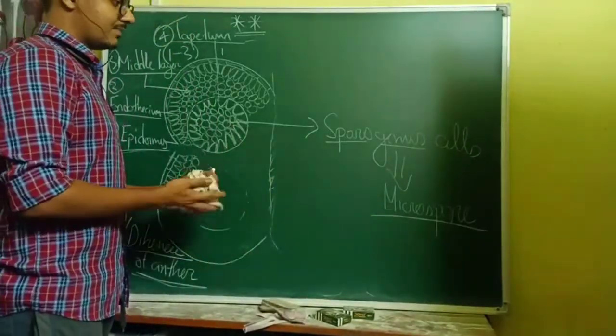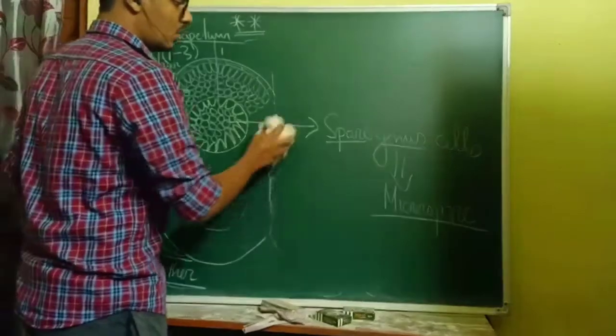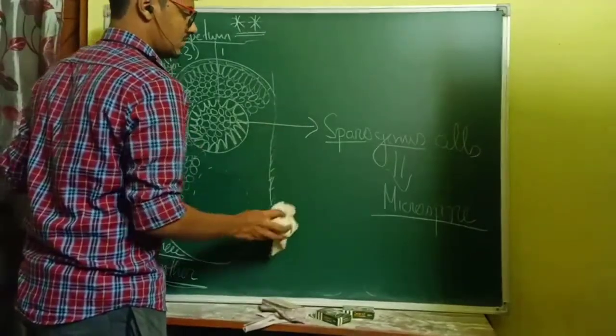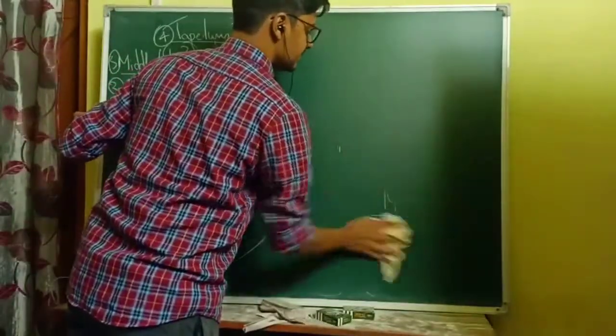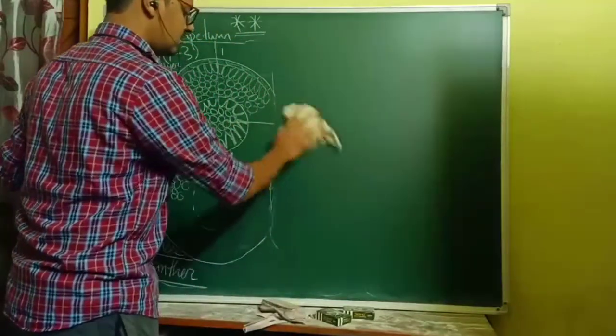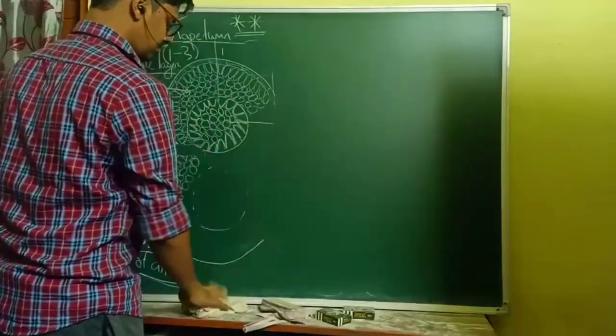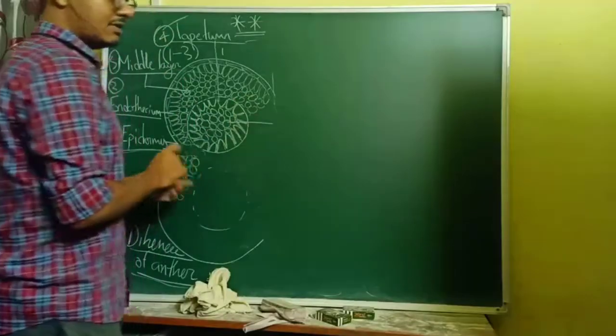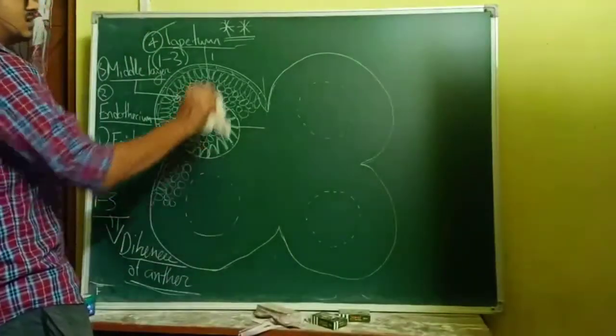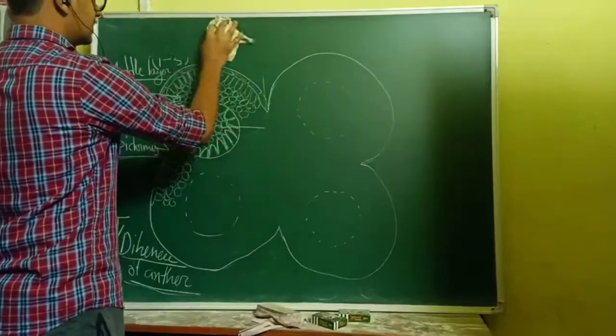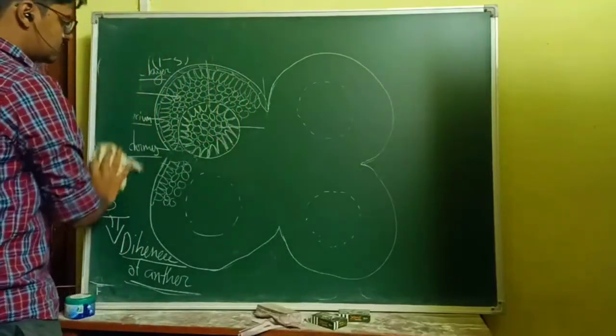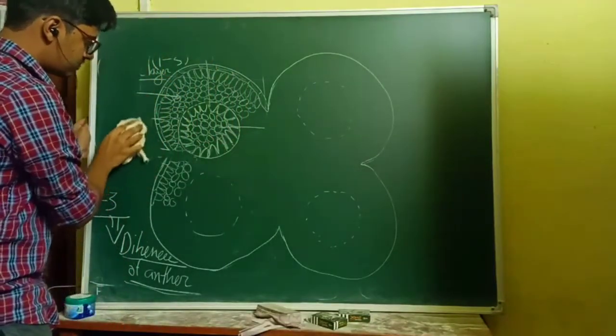Okay, let's see what happens in the next video. So this was the structure of the male reproductive organ. Now what will we discuss? We will discuss the process of microsporogenesis, the formation of microspore.